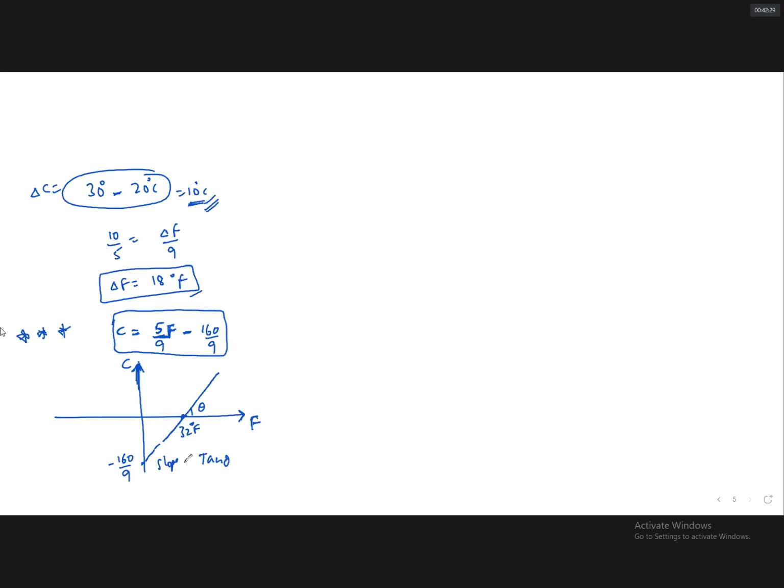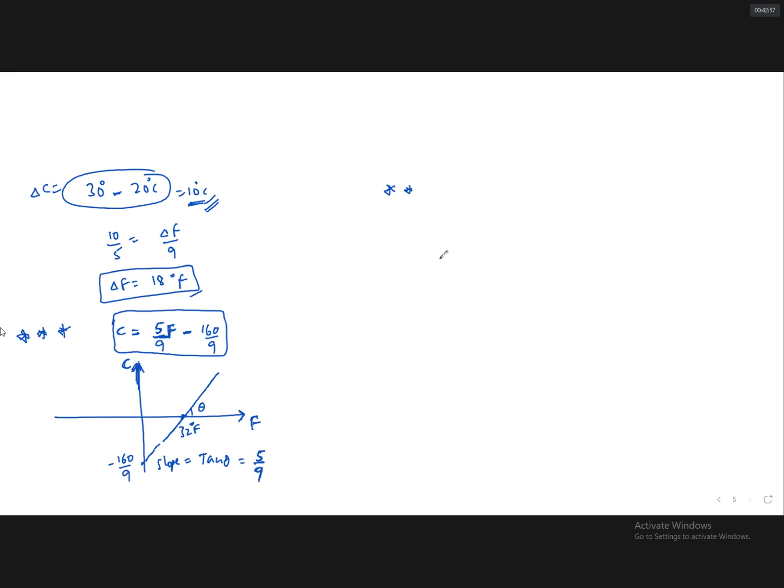And the slope of the graph between Celsius on the y-axis and Fahrenheit on the x-axis is 5 by 9. From that they may give the sin theta or cos theta value if the graph is drawn between Celsius versus Fahrenheit.